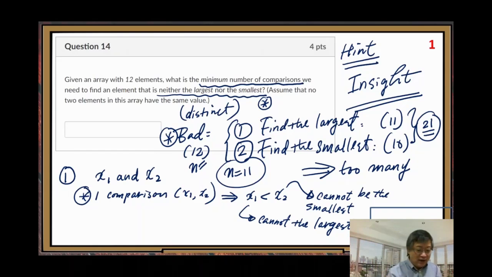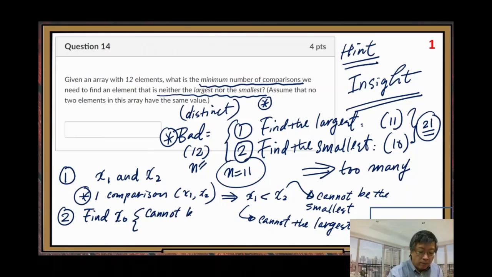Then you may need to do a little more. Can you find one element, using the observation you got from the previous step? Find X0 that satisfies 2 conditions. X0 cannot be the smallest.